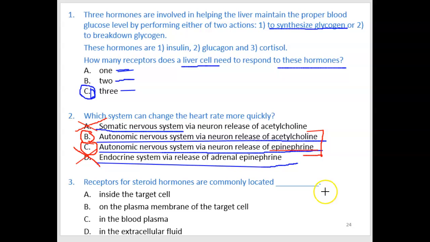Receptors for steroid hormones are commonly located either inside the target cell, on the plasma membrane of the target cell, in blood plasma, that's different, or in the extracellular fluid. Well, those are just silly, right? So steroid hormones, the receptor is always in the target cell.